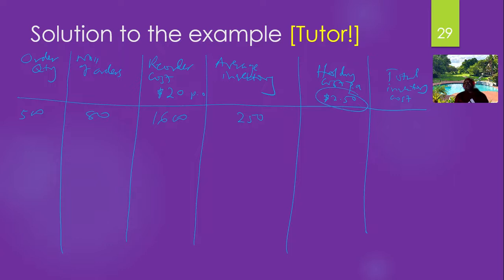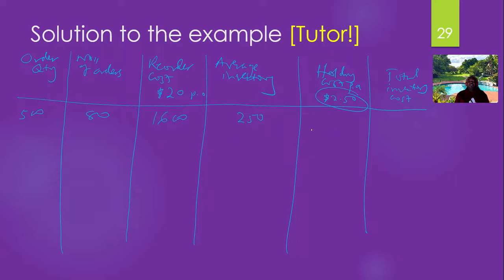And from our earlier discussion, we said that inventory holding cost is a function of the average inventory. So that's how we have to go about it.